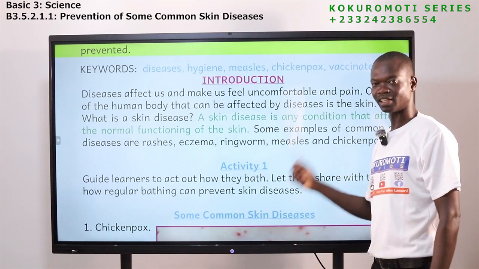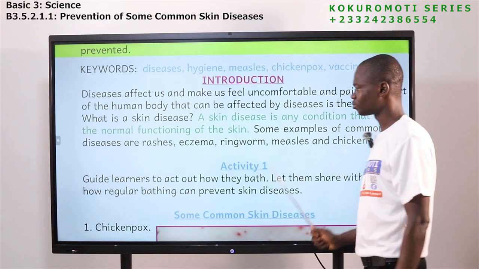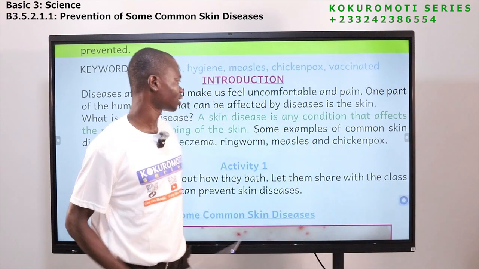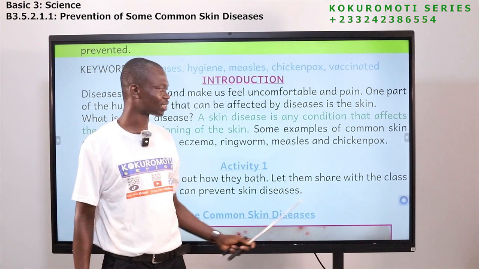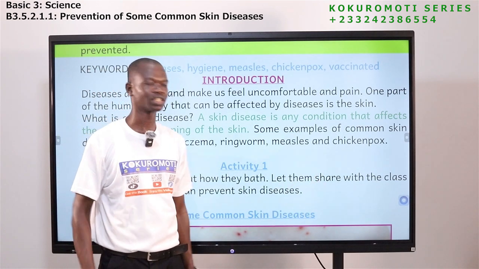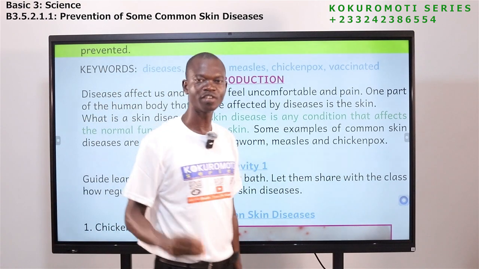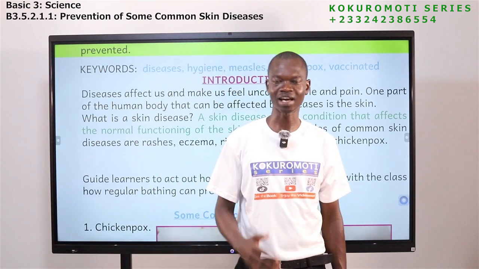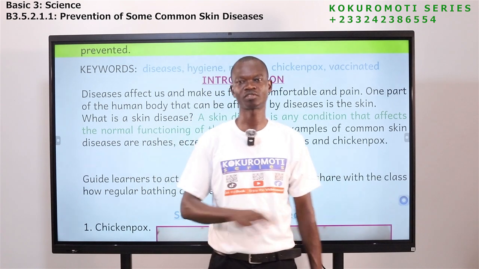Eczema also affects our skin. Ringworm is a disease that affects our skin. Measles is also a disease that affects our skin. And chickenpox is also a disease that affects our skin. So right now, I believe you can explain what skin diseases are. Skin diseases are diseases that affect the normal function of our skin.